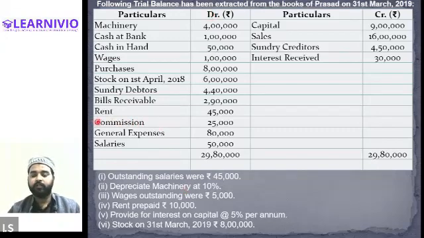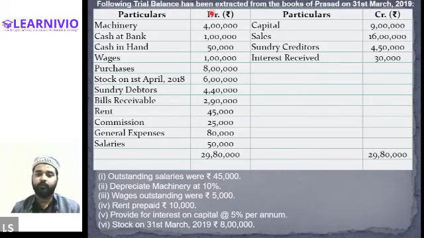If commission had been shown on the credit side, then you could have treated it as income. Getting my point? Commission this time is considered an expense because it is shown in the debit column of the trial balance. So we will record it in the profit and loss account debit side. Halima, is this clear now?